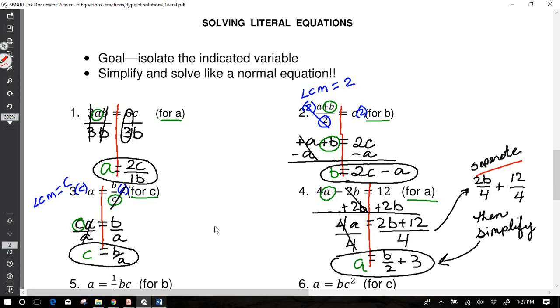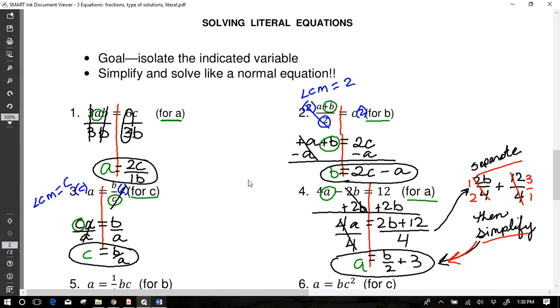And what that allows you to do is to say, when we simplify, 2 divided by 4 is the same as 1 over 2. 12 divided by 4 is the same as 3 over 1. And so when I carried down my final answer, I didn't write the 1 in front of the B, and I didn't write the 1 underneath the 3. It is in very simplest form.